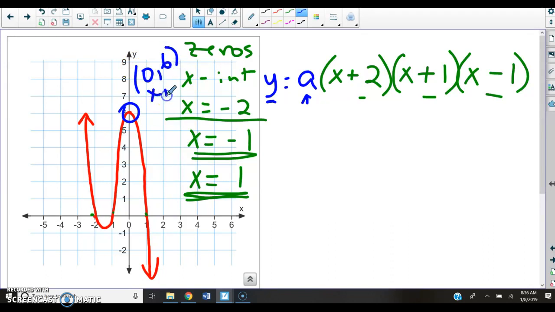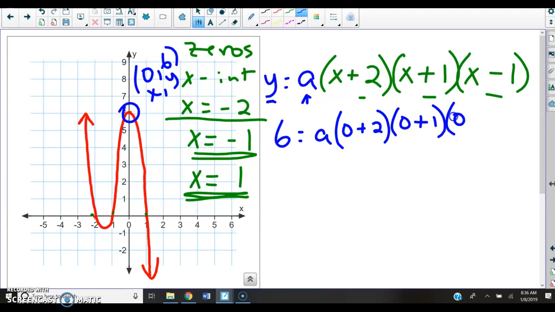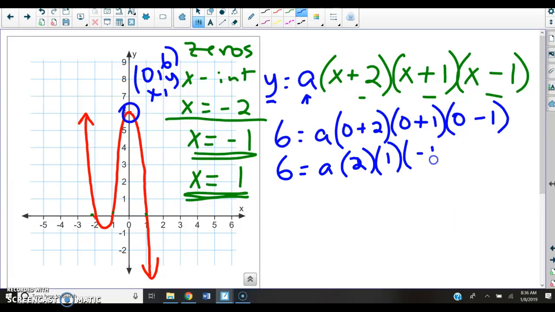The 0 is going to be my x, the 6 is going to be my y. So I'm going to have 6 equals a times (0 plus 2), then (0 plus 1), and (0 minus 1). Okay, so most of you are not going to put the zeros in. You're going to go straight to 2 times 1 times -1.